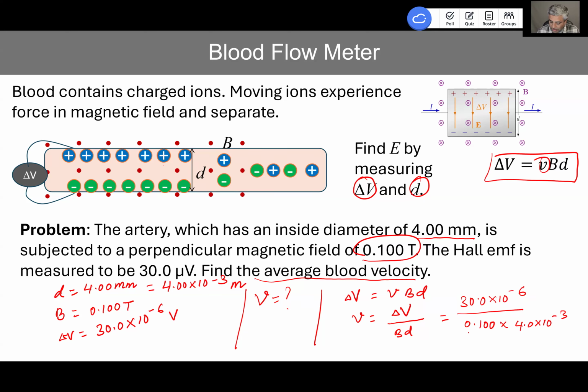It looks like this is going to give us around 300 times 4 is 1200, times 10 to the power negative 3 meter per second. So 3 zeros, 1, 2, 3. Hey, 1.2 meter per second. Looks like that's moving really fast. I don't know if these numbers are reasonable, but looks like that's the speed of blood in arteries. Okay.